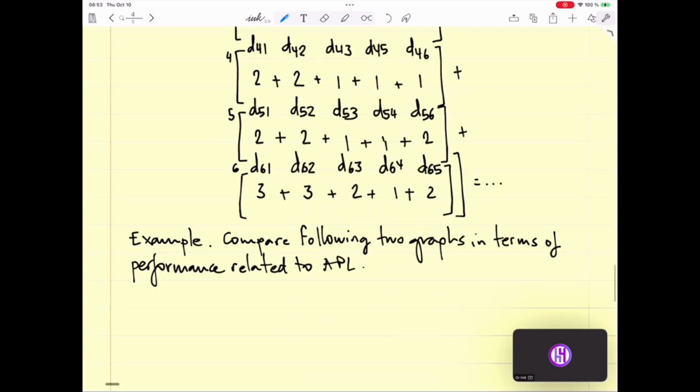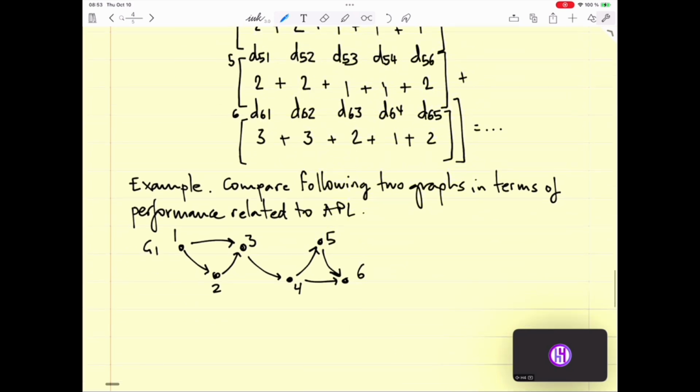So you have graph 1. And then you have graph 2.